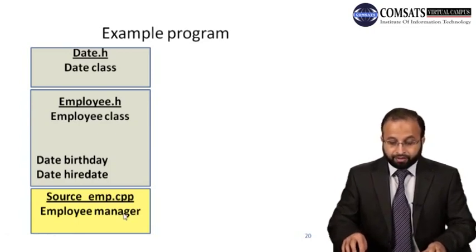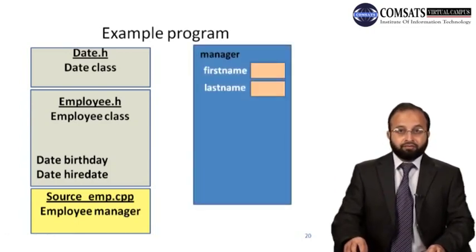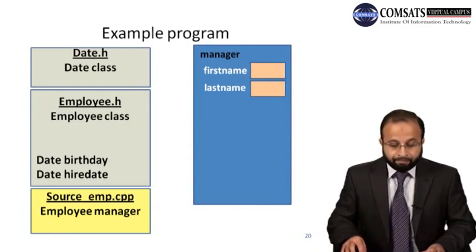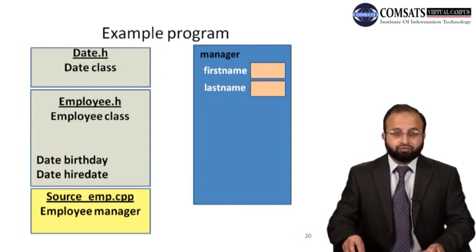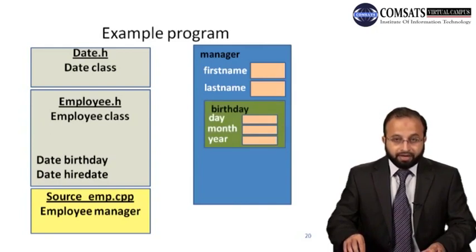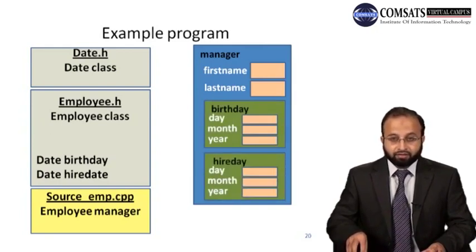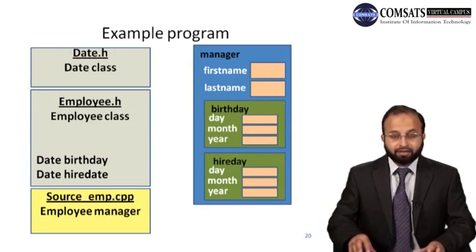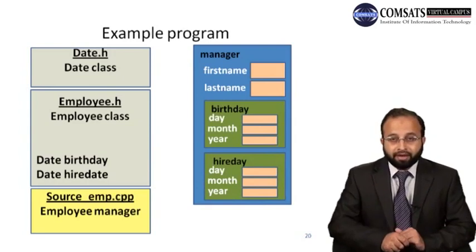So in the memory, memory is allocated for the object manager, and the employee class contains the first name and last name as strings, and then the two objects of the date class, that is the birthday and the hire date. These are the two objects of the date class that are part of the manager object, right?